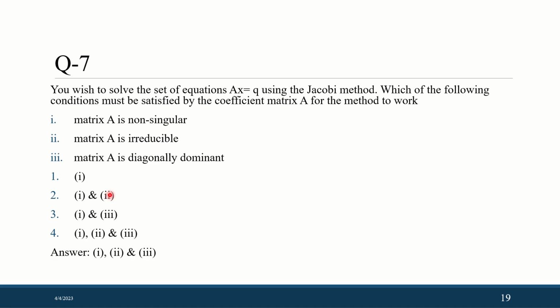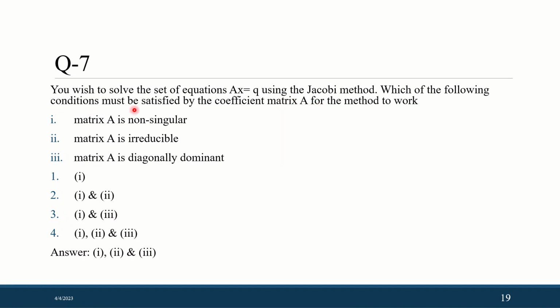Next we have, you wish to solve the set of equations Ax is equal to Q using the Jacobi method.